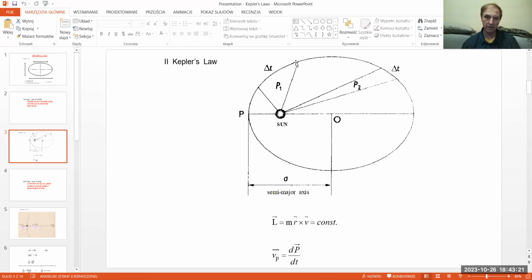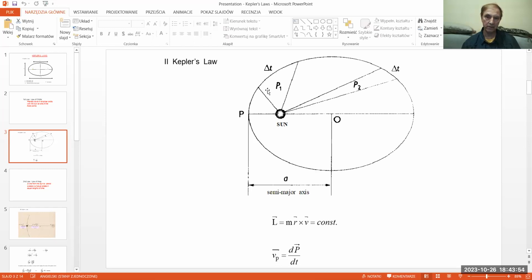And again, if we assume that the time of the planet's motion is still the same as previously, delta t, the line that connects the Sun with the planet sweeps out a certain area, P1.